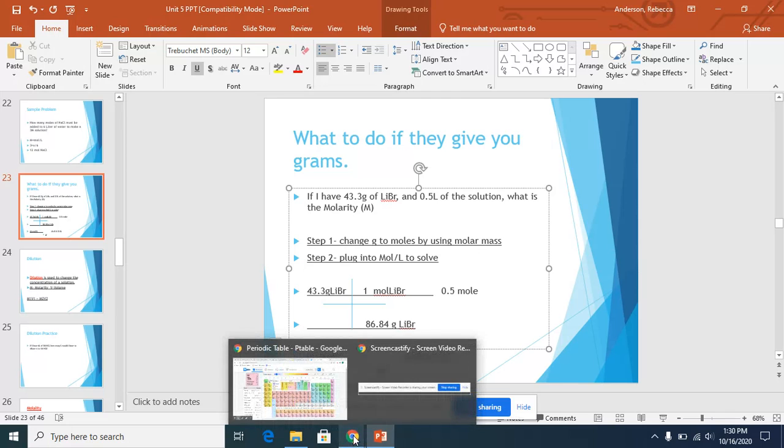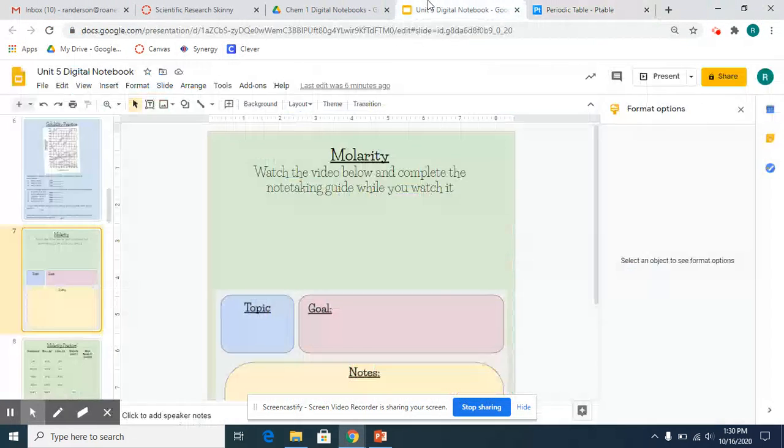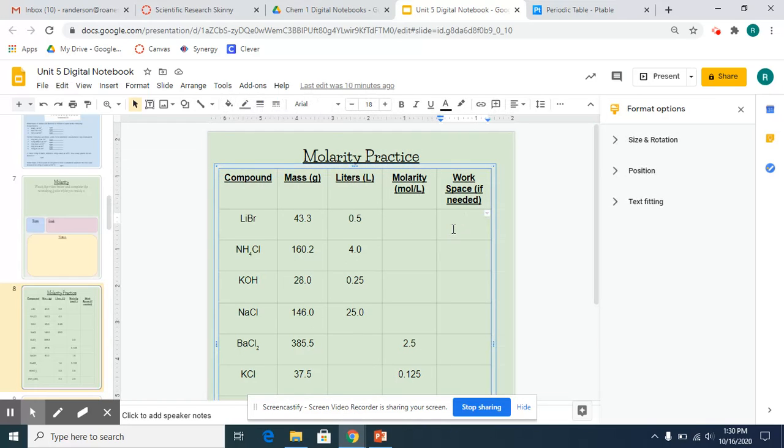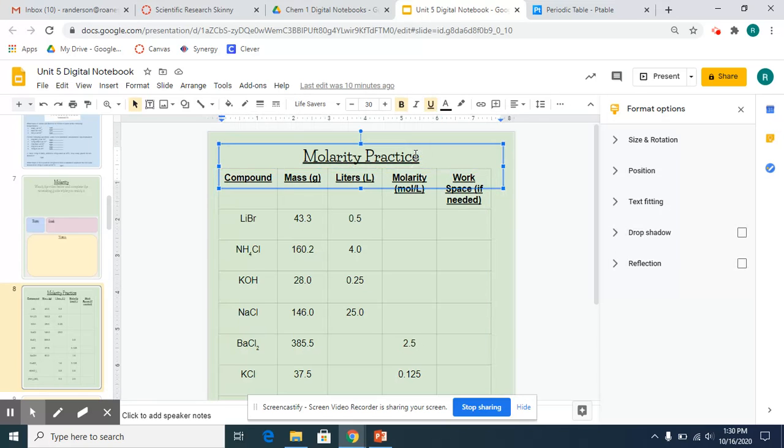So in your digital notebook, you have a chart you'll need to fill out. I give you the mass in grams, the liters, and then the molarity. Here's just some extra work or space if you need to do work. You can also work it out on paper and just put your answers on here. But for molarity, I'll put the formula up here for you.